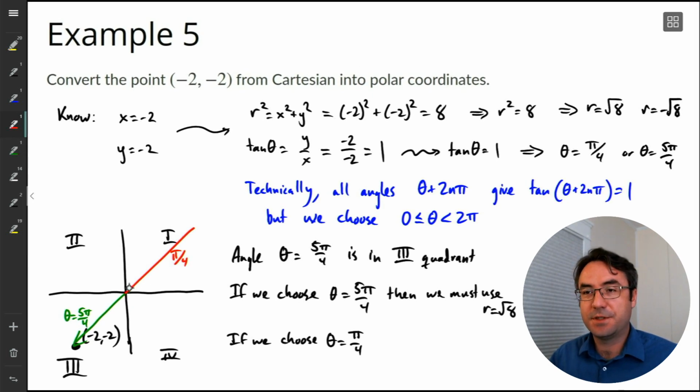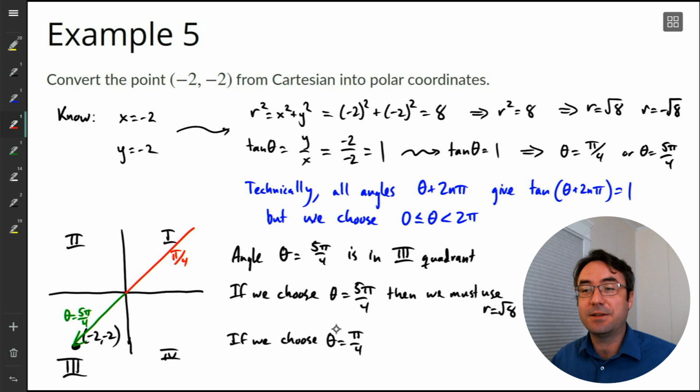So pi over 4 is kind of capturing the correct direction, but it's the complete opposite. It's close, but it's the complete opposite direction. But we can adjust for the complete opposite by just negating the radius, the r value. So we have this direction sort of correct. We just need to completely reverse it and take us down to this point.